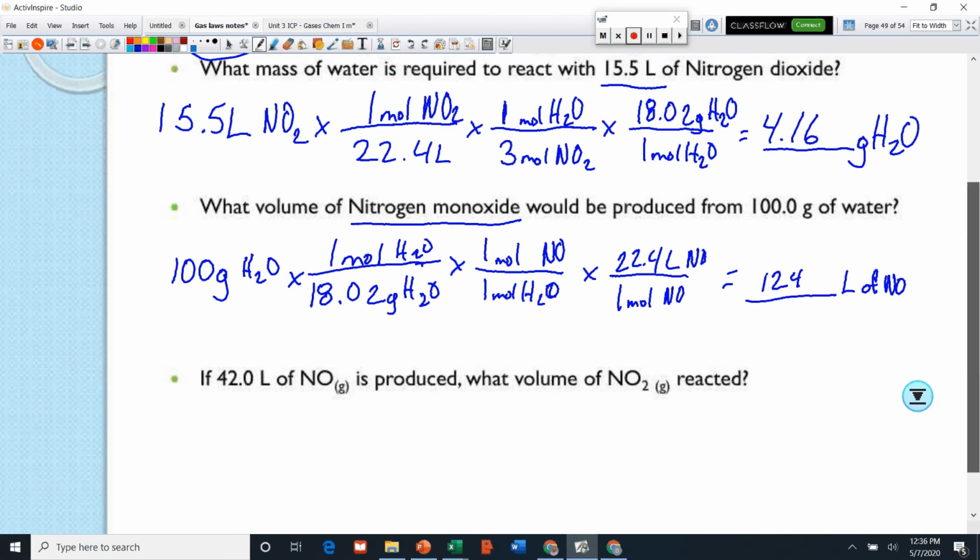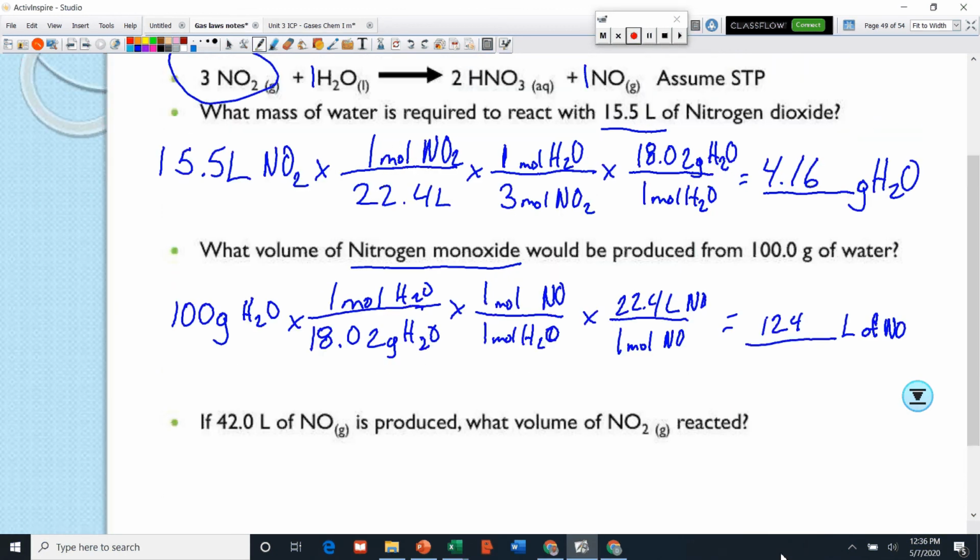All right, same equation. If 42 liters of nitrogen monoxide is produced, what volume of NO2 reacted? So this one, you're going from volume to volume. So 42.0 liters of NO, and 1 mole of NO is 22.4 liters.